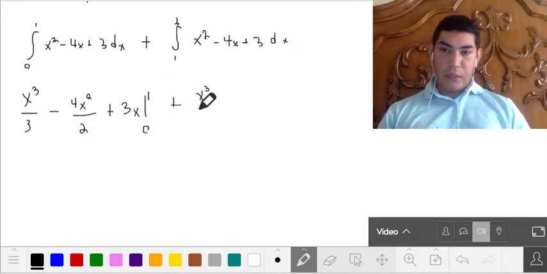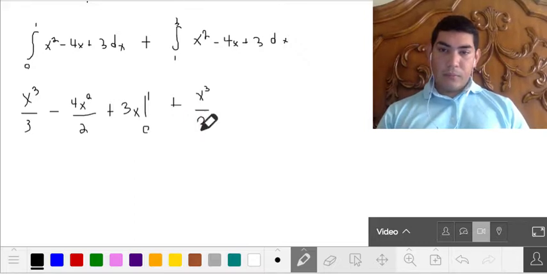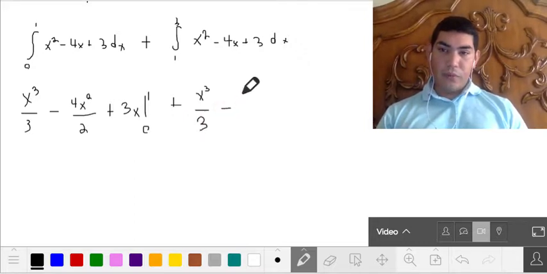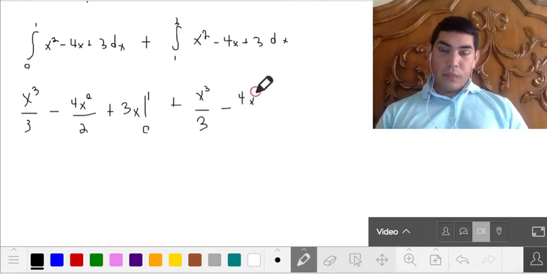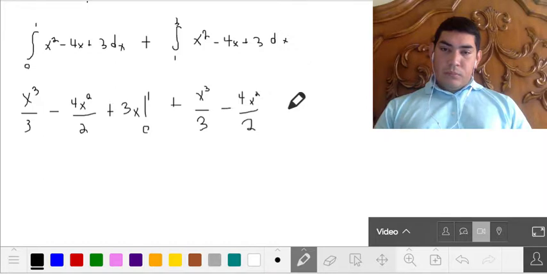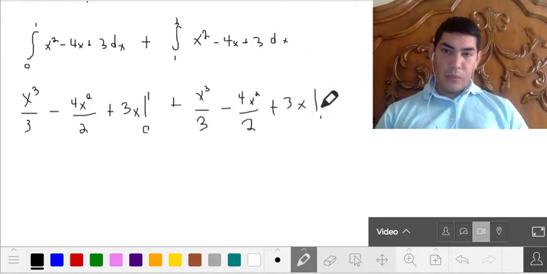So let me write that down now. Like I mentioned, we're going to have x cubed divided by 3 minus 4x squared divided by 2 plus 3x, and our boundaries between 1 and 3.